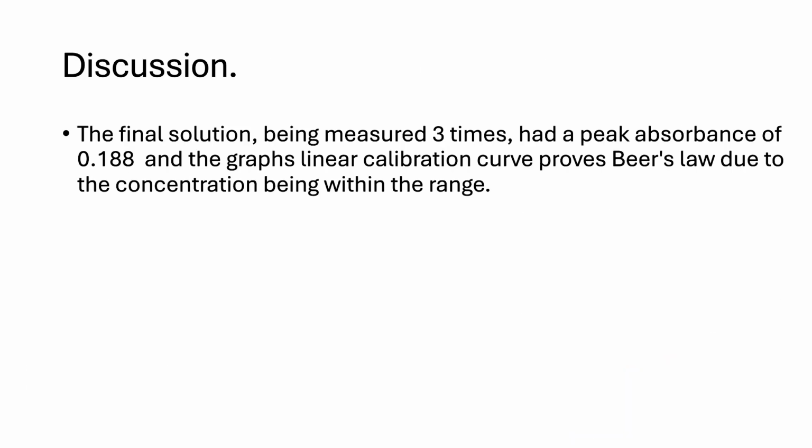And so, with it being measured 3 times, and its absorbance being 0.188, it proves that Beer's law is valid and grounded within spectroscopy, since it was within the range of the calibration curve.